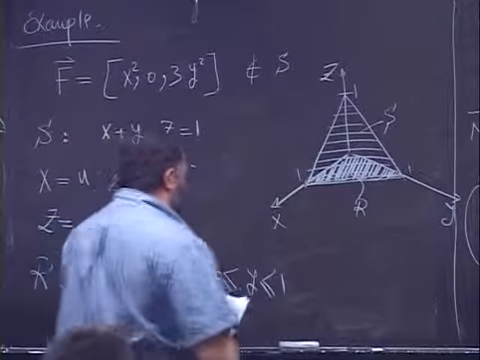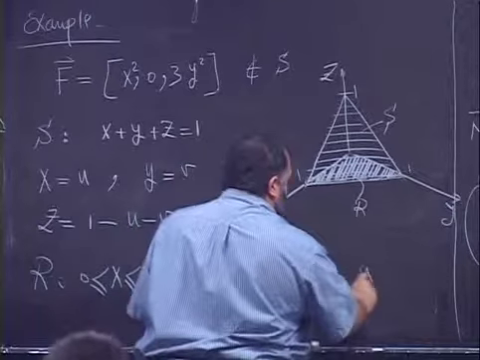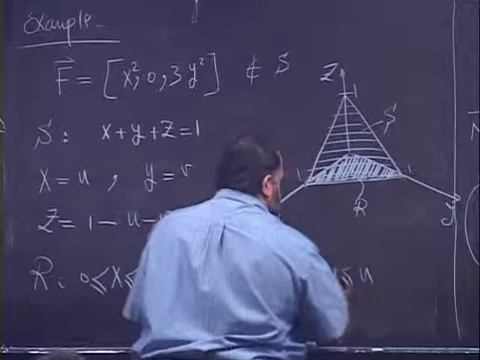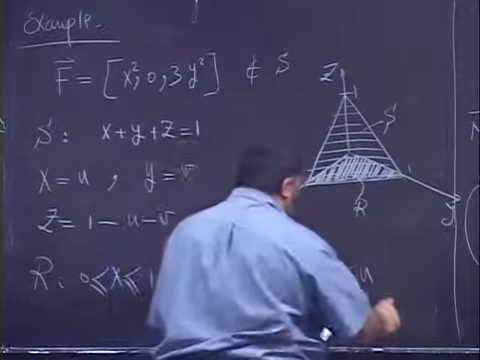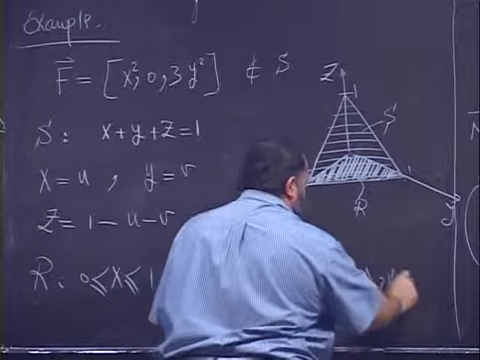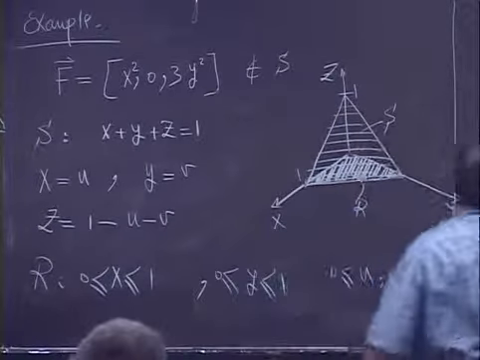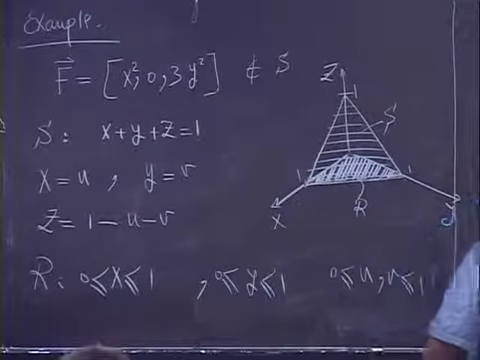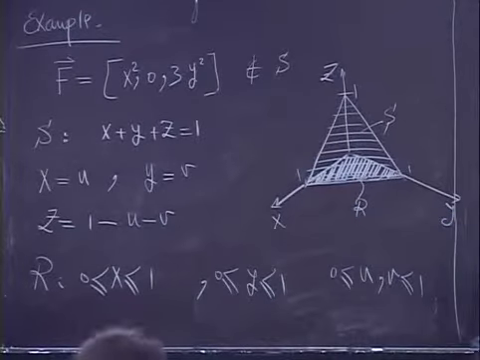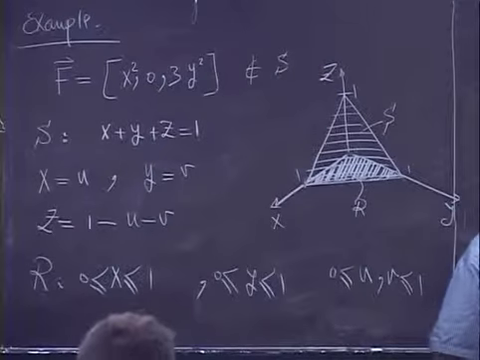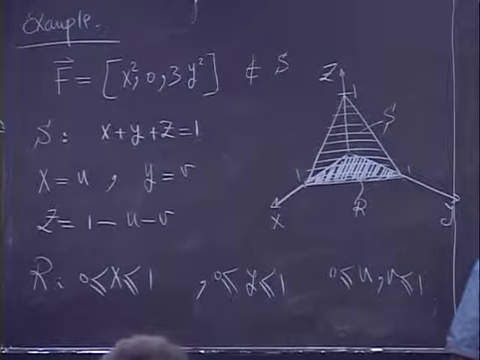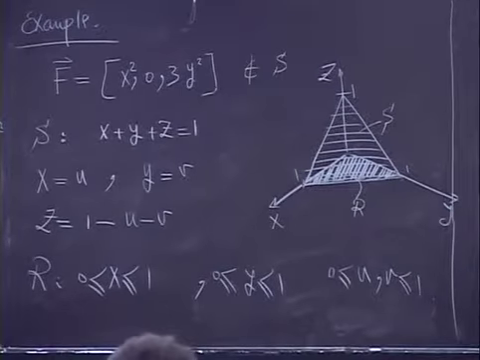So u will be greater than 0, and v less than 1, because x is equal to u, and v is equal to y, so it will be the same limit.